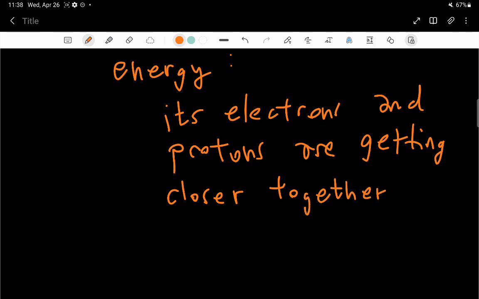That is, oppositely charged objects are getting closer to each other.